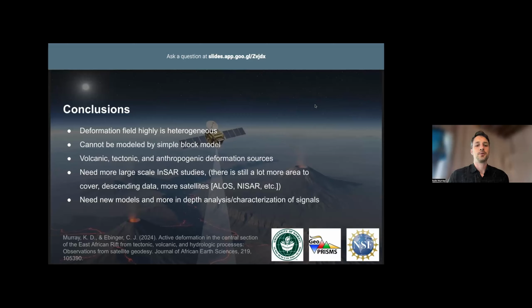So we're hopeful that as we get more traction on people looking at large-scale InSAR studies, we can use the longer wavelengths like ALOS-2, which does a lot better with vegetation, and the upcoming NISAR mission will help fill in these gaps. As we add more diversity in imagery, we can start to tease out better signals.